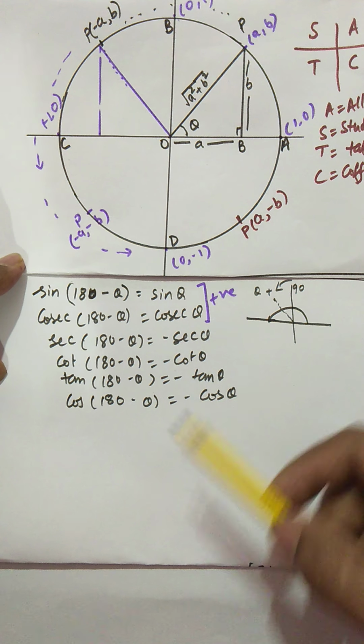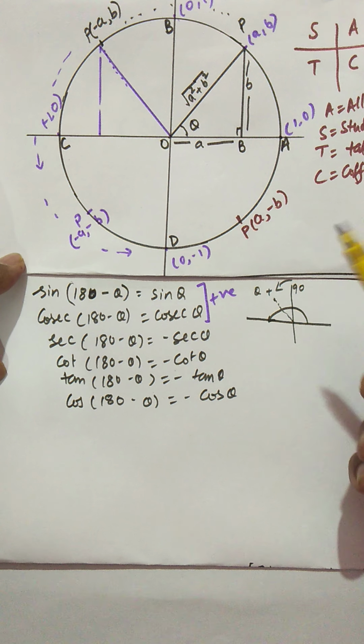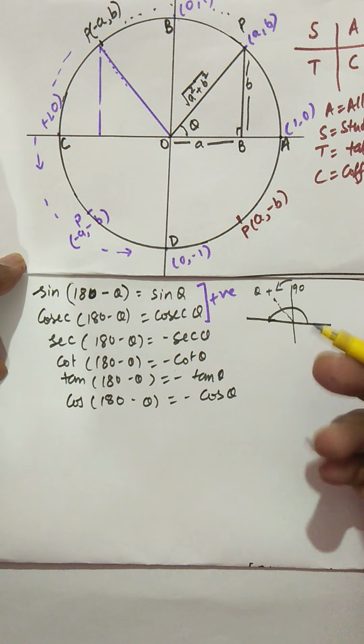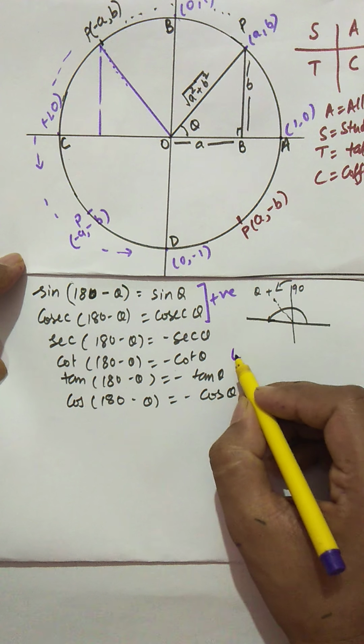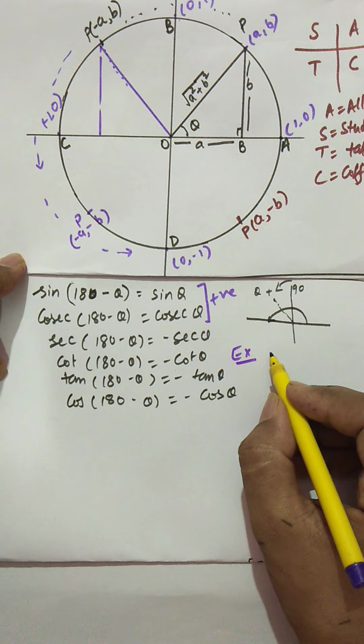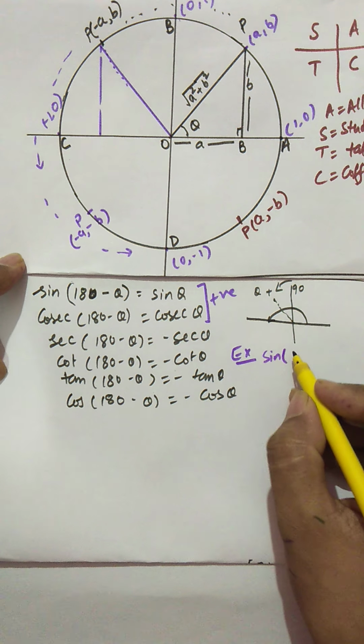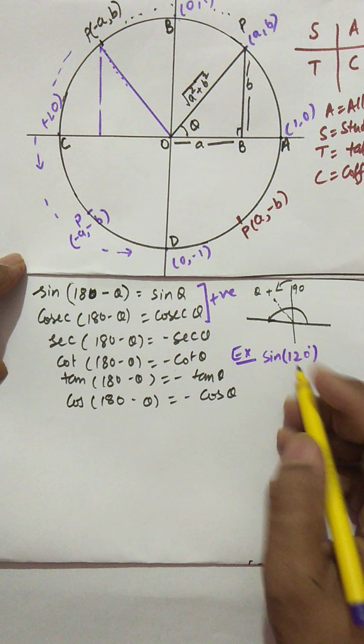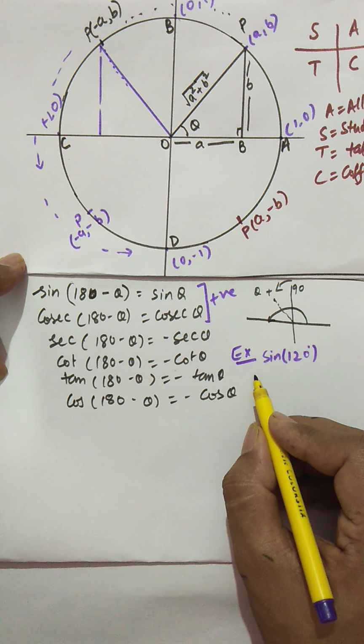So this way you can also calculate values for angles which lie in the second quadrant. For example, if I ask you to find the value of sine 120 degree. You can write this in two ways.